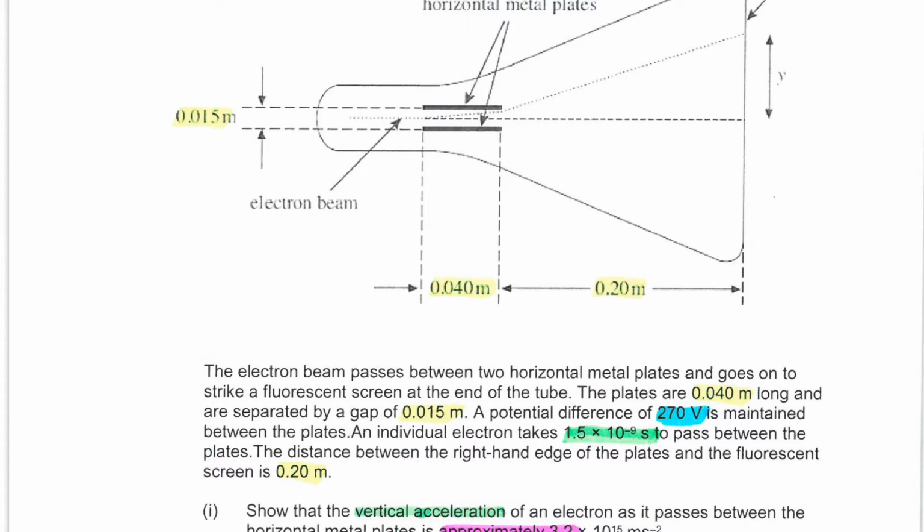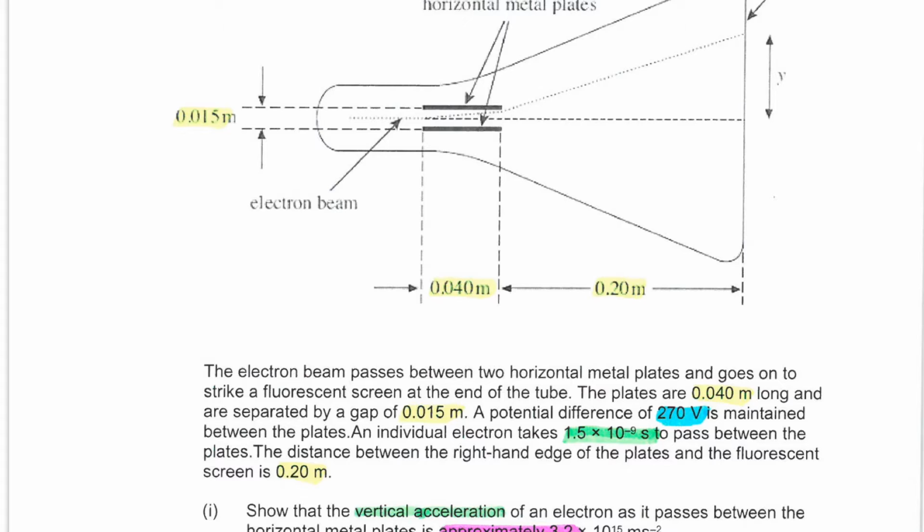So an electron beam passes between two horizontal plates and goes on to strike a fluorescent screen at the end of the tube. The plates are 0.04 meters long and are separated by a gap of 0.015 meters. A potential difference of 270 volts is maintained between these plates.